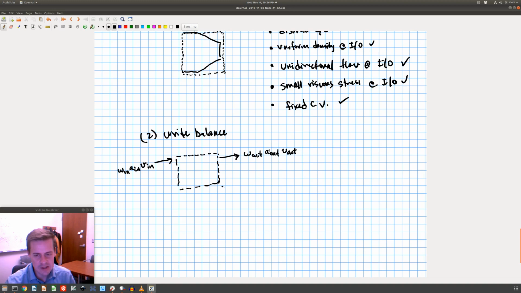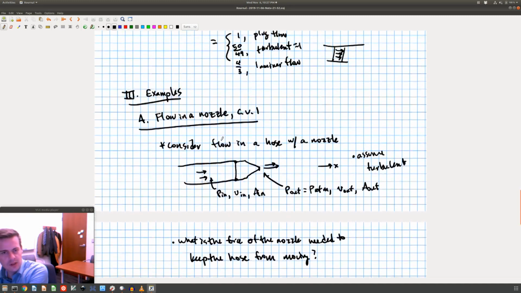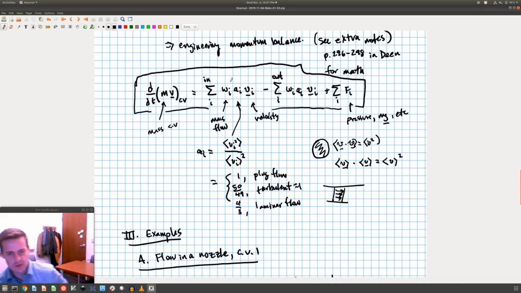Remember, this little a is this ratio, so a in is a out. That comes from turbulent flow, which is 50/49, about 1, so I'm going to neglect those. So I'm going to have W in, W out, V out. That takes care of some of these pieces in my balance.